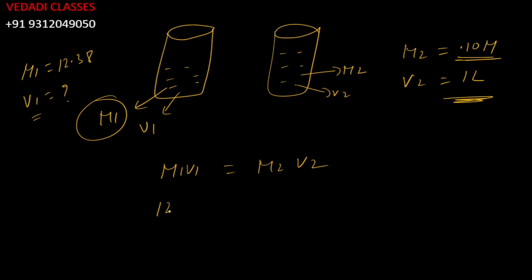Put the values: 12.38 into V1 is equal to 0.10 into 1. So V1 is equal to 0.10 divided by 12.38.